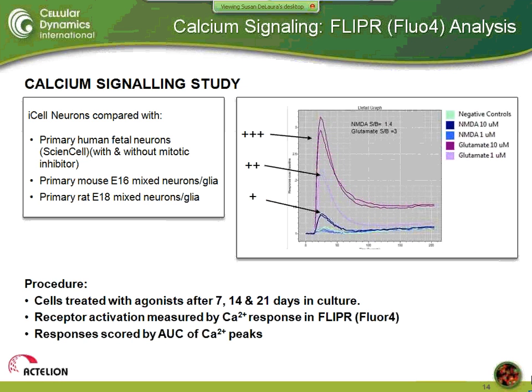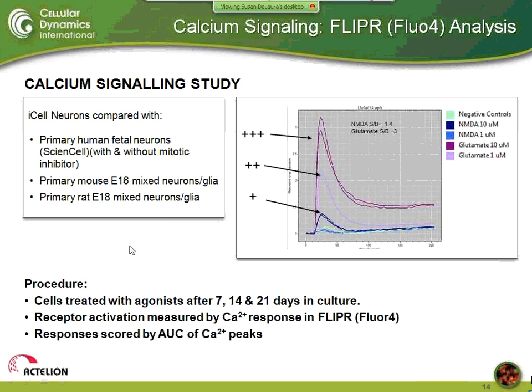As I said, for some additional information looking at gene expression, this work was done by Actelion, and they were using our neurons and wanted to compare them with primary human fetal neurons, with and without mitotic inhibitor, as well as with primary rat and primary mouse neurons at day 16 and day 18, respectively.